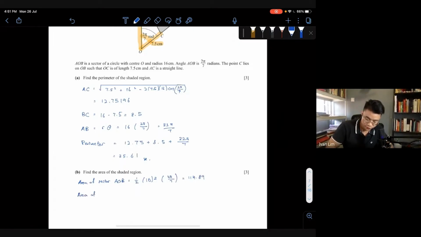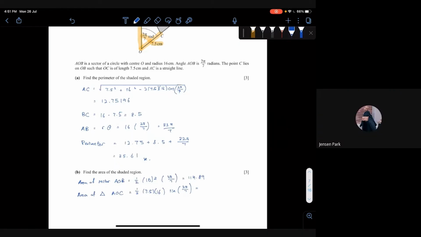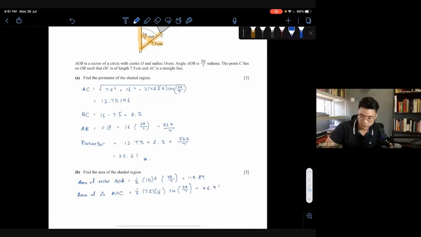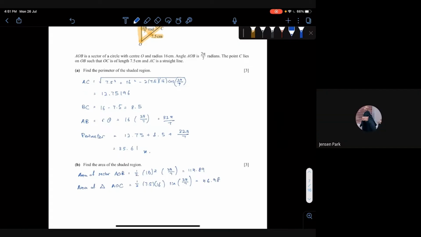Area of triangle AOC, you get half AB sine C, sine 2 pi over 7. That gives 46.98.